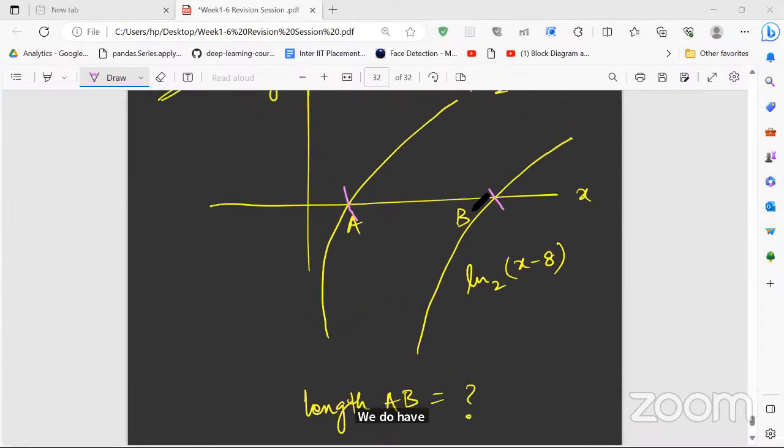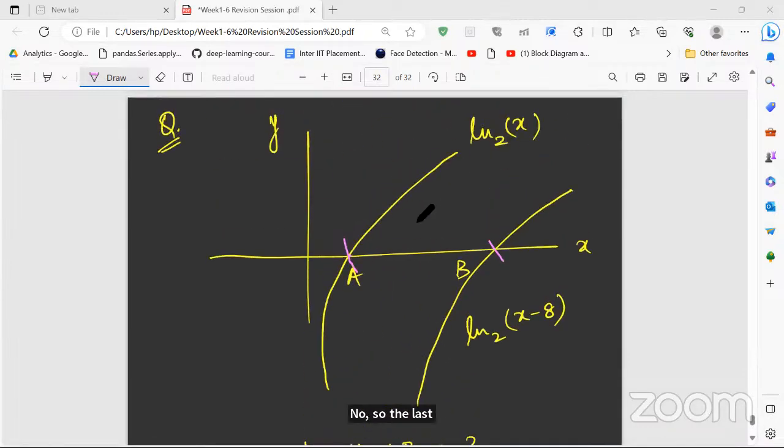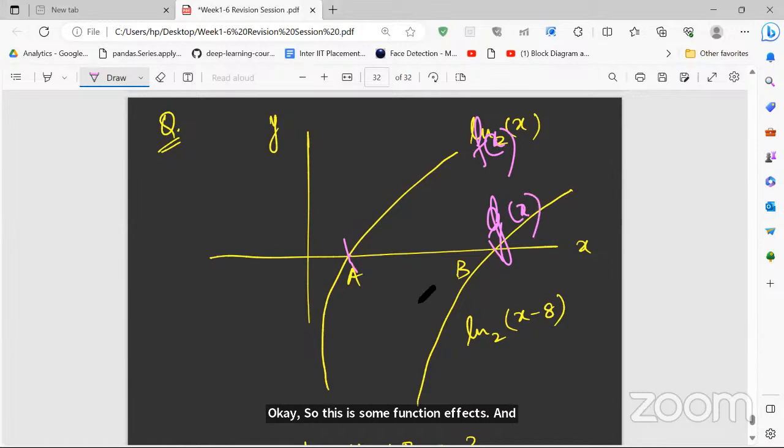Okay. You have to calculate the length AB. If you have any functions, for example, this is not a log function. This is some function f(x), and this is some function g(x). How will you calculate the length? You have to calculate the x such that f(x) equals 0. Let's say this is x1.